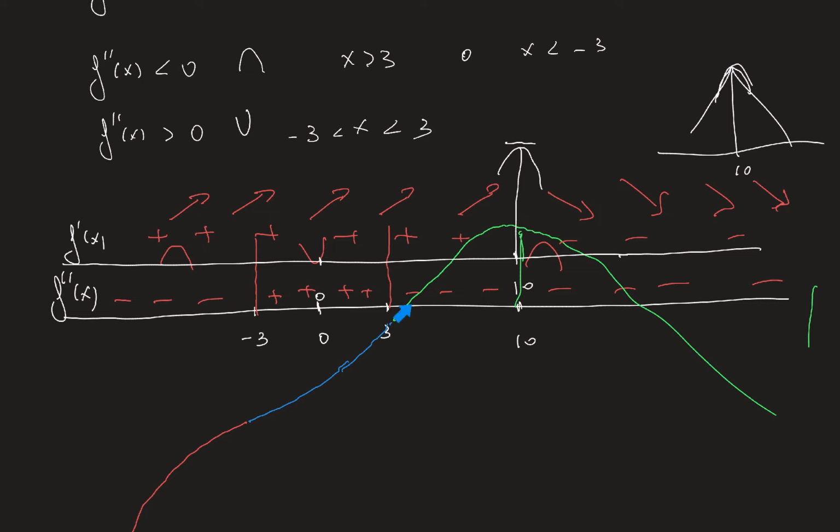Now concavity upward from 3 to infinity. You see? Because the concavity is negative, it's like this. And this is the graph of the function that they can ask you.